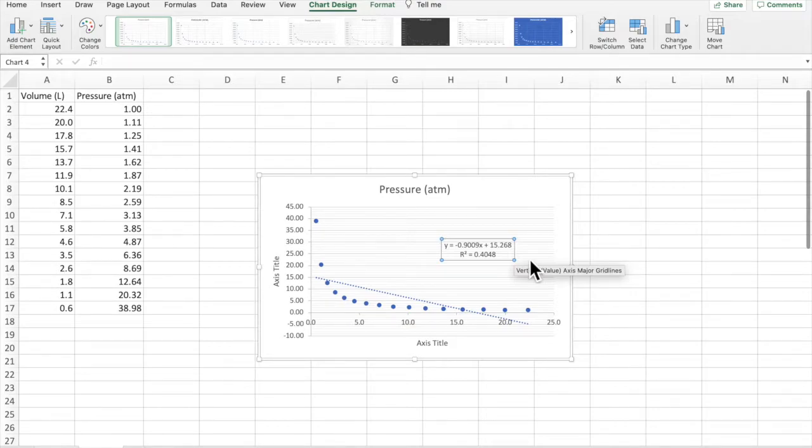And in the previous video, I talked about this R squared. 1 is perfectly matched. 0 is perfectly unmatched. And the lower that number gets, the less of a good match that it is. And you can see that here, when we've got something at 0.4, it's obviously not a good match.